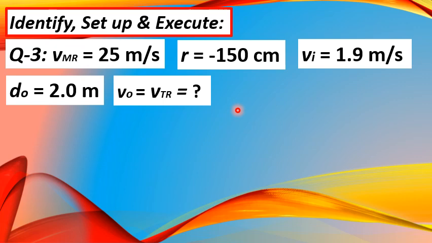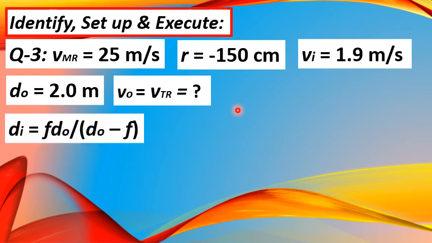Right? And the first thing that we have to find is the image distance DI using this derived formula for the mirror equation. That is, DI equals the product of the focal length and the object distance divided by the object distance minus the focal length.